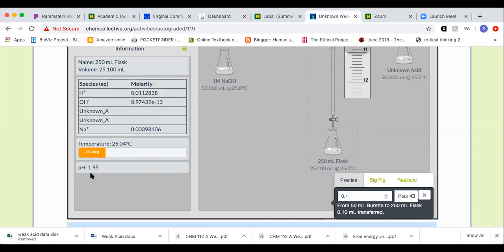If we're doing it in 0.1 increments, you're going to keep adding and keep recording pHs until you hit your endpoint. Obviously, for every 1 milliliter before, I'm now generating 10 more data points for each trial. So we'd keep going.